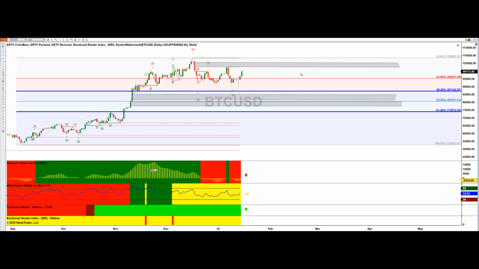So the idea is to try to get a good fill in here if this is the bottom, and add the rest on when we break here. Or if this is not the bottom and we see another turnaround and it does this time go into the high probability area, then you can wait for the turnaround here and add the other half on. And that's what the markets are like sometimes.